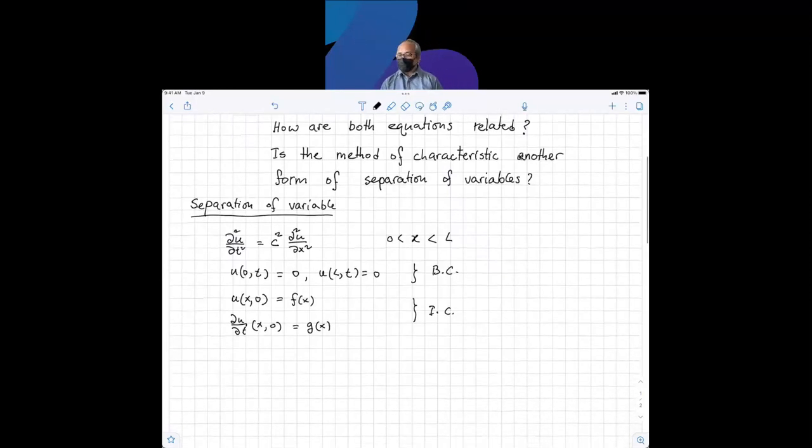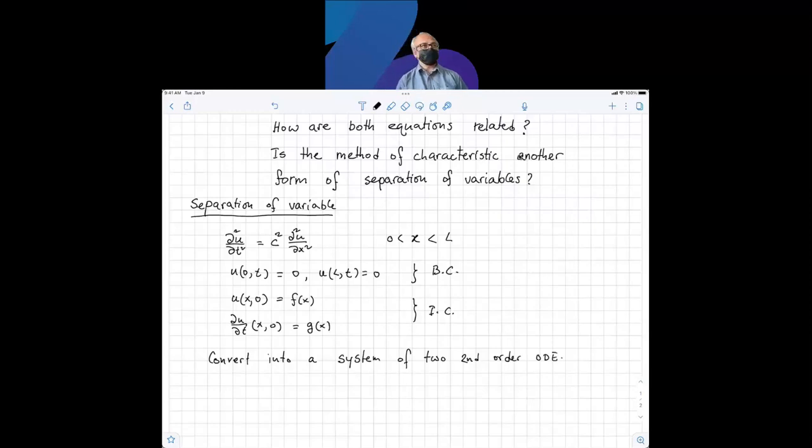So then we will convert this equation into a system of two second order ODE.